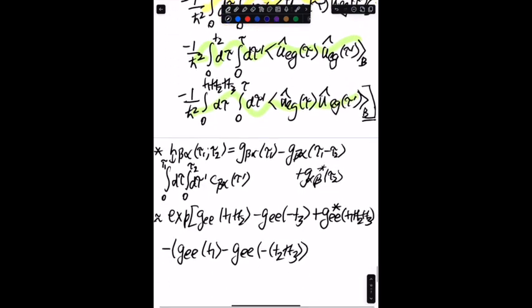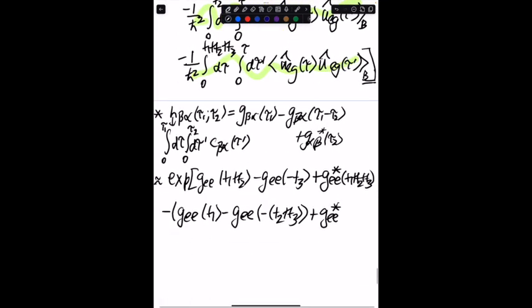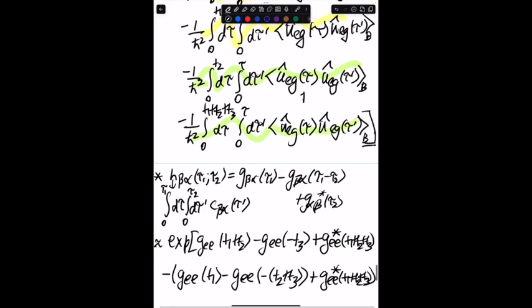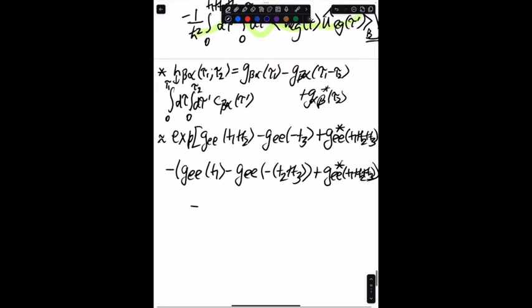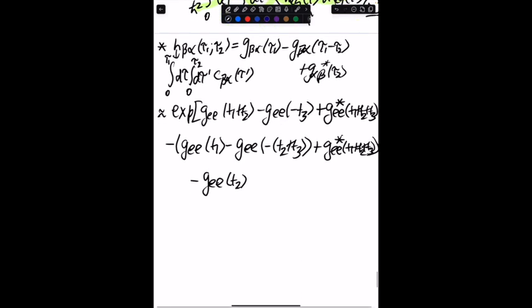And then you have plus gee star t1 plus t2 plus t3. Right. Now you have a couple more terms which are just this green term is just gee t2. And this term is just gee t1 plus t2 plus t3. I hope it's clear till here.